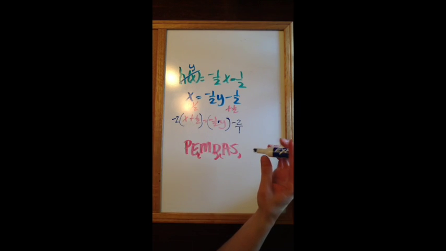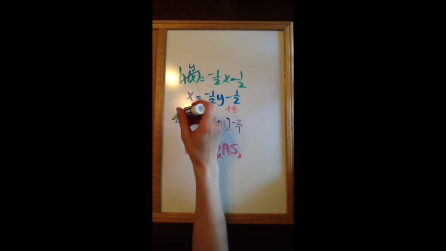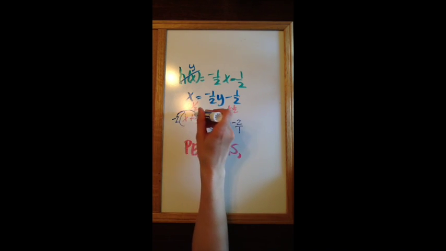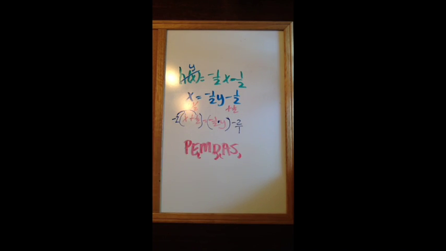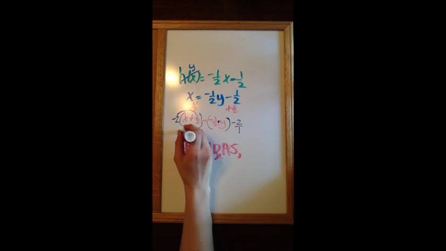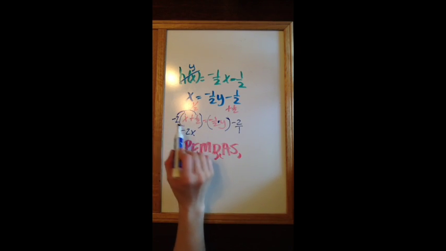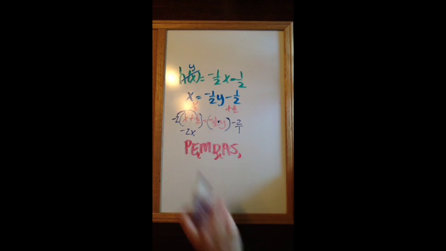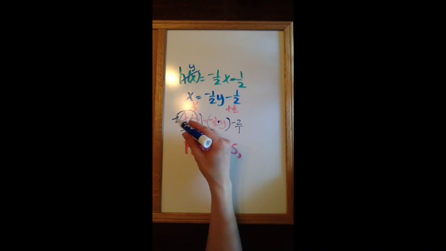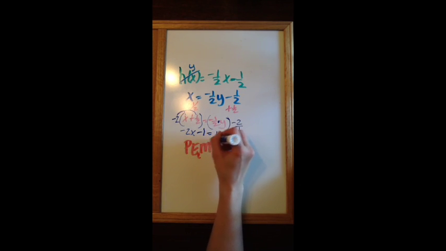Don't forget that you need to distribute the negative 2 to both parts of the equation. So we're going to end up with negative 2x, and then negative 2 times 1/2 is going to be negative 2/2, which just simplifies to a negative 1, equals y.